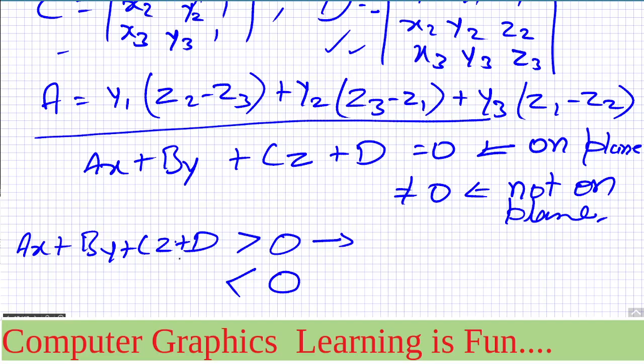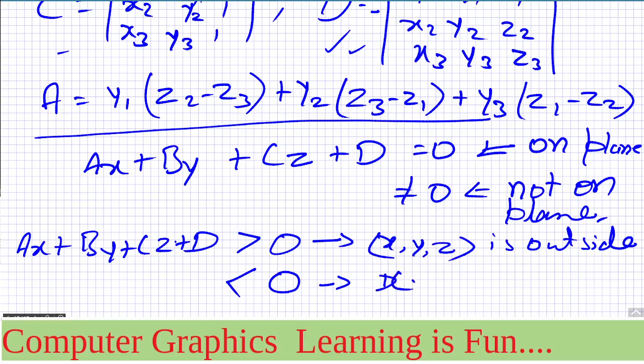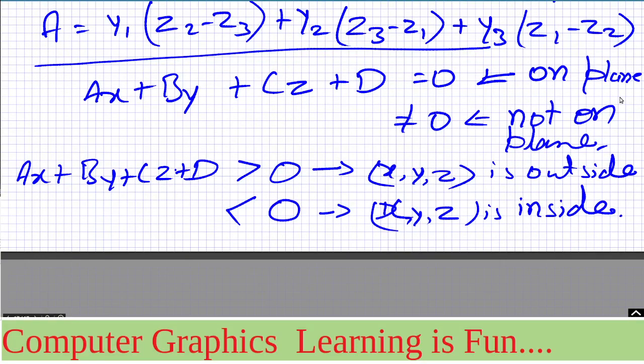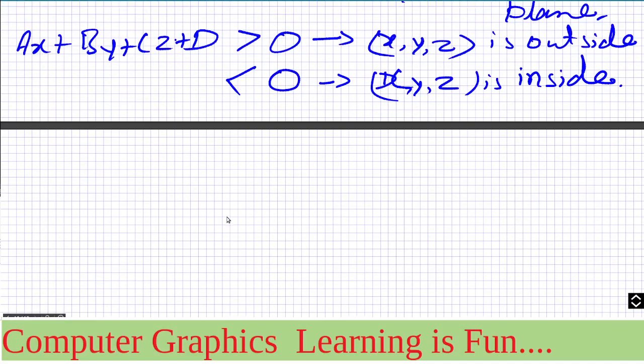this pixel, whatever x, y and z, is outside of the plane, and if it is less than 0, then we say that x, y, z is inside of the plane. I believe you will understand that.